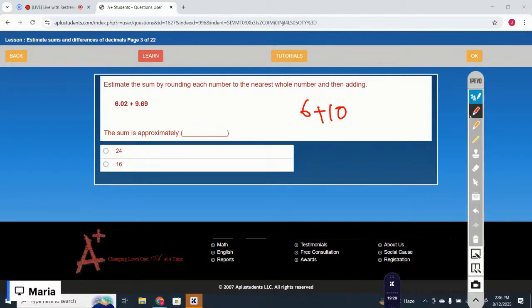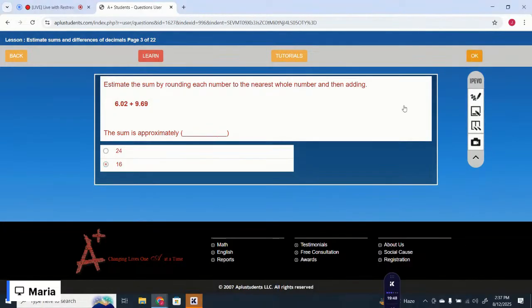So 6 plus 10 is 16. 16 it is. The correct option is 16. Option number 2 is the correct option.